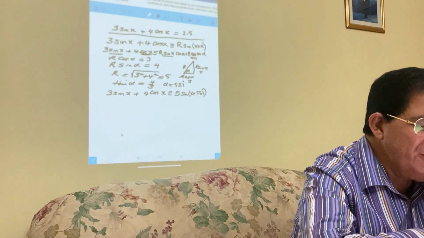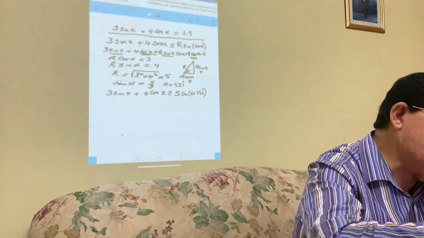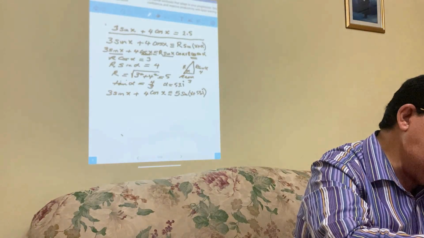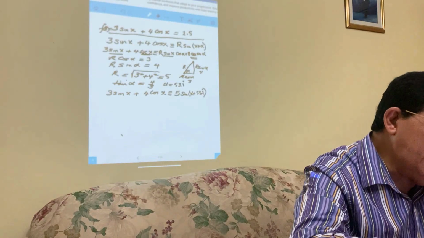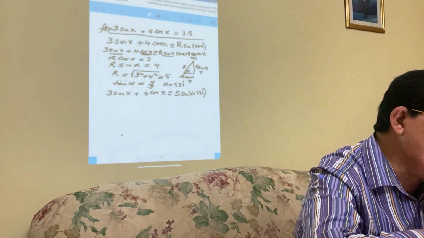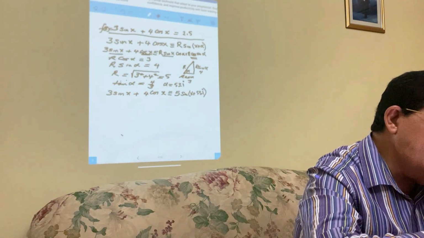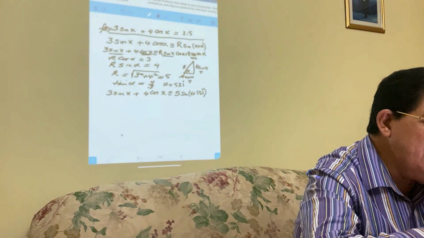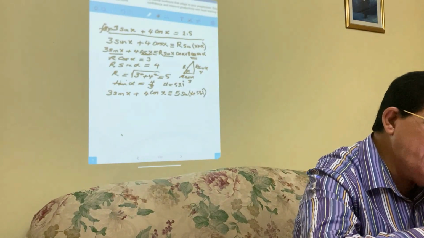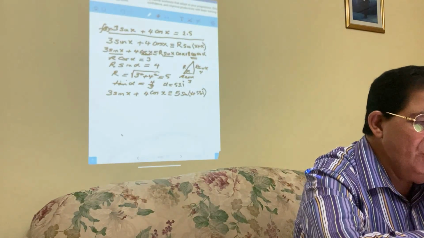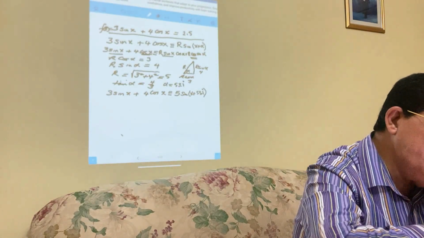One more thing. If I were asked that this at the top is called f of x, and they were asked what is the maximum value of f of x, then I would say, now I know that the maximum value of f of x is 5. Why? Because sine cannot be greater than 1.